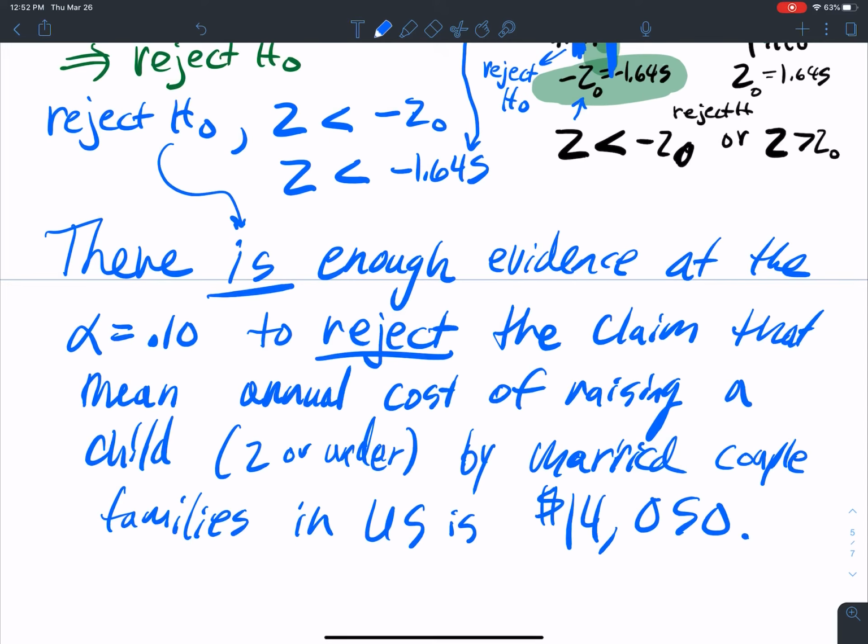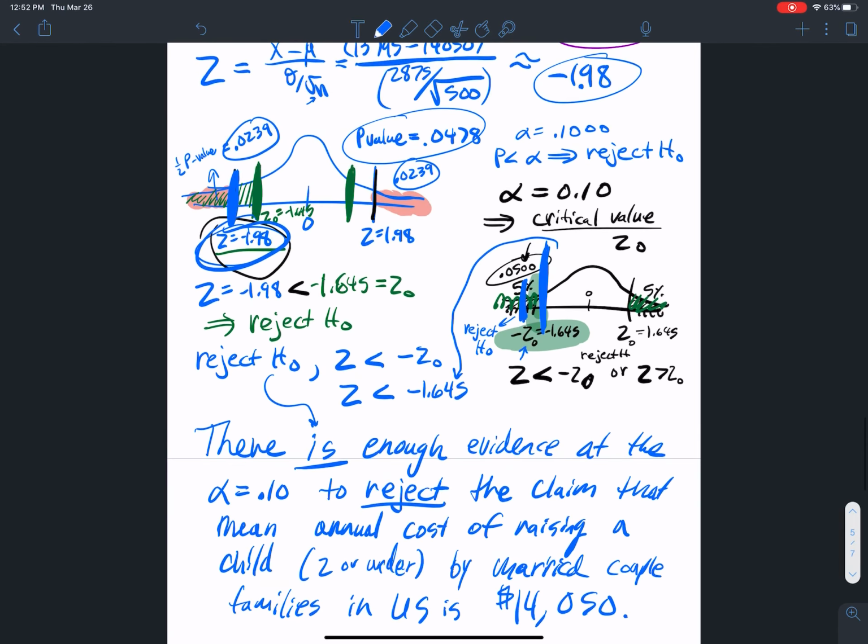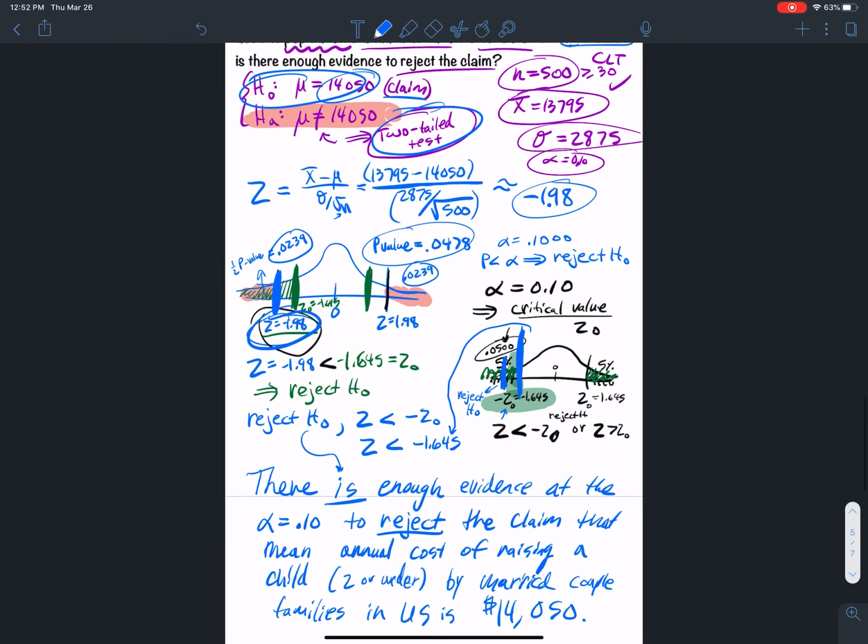So there is enough evidence to reject that claim. We went out, we asked a lot of people, we asked 500, and we came back with this information right here. It's a little bit less is what it looks like, based off of the sample that we went out and chose.